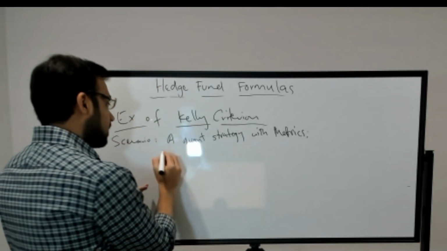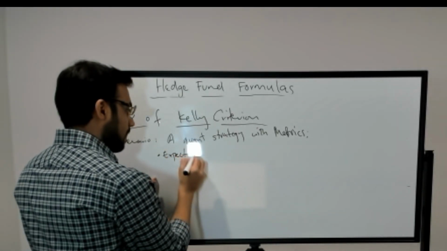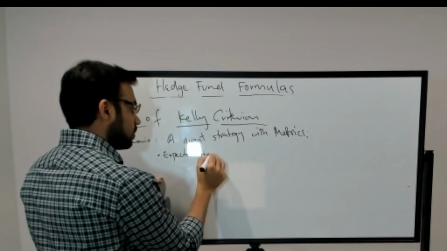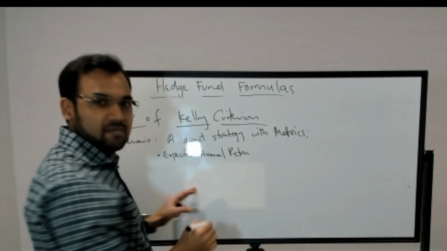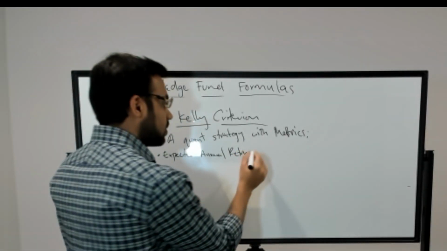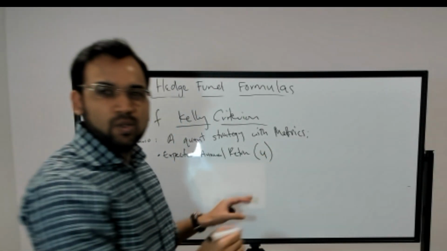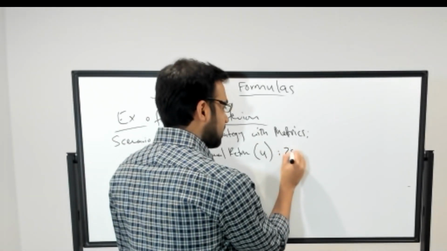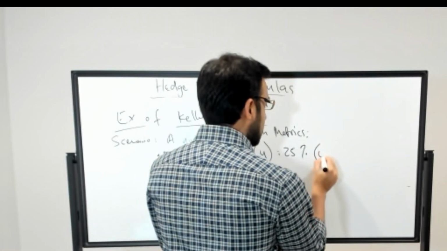You have an expected annual return, which can be written as U, of 25%. Let's change that into decimal.